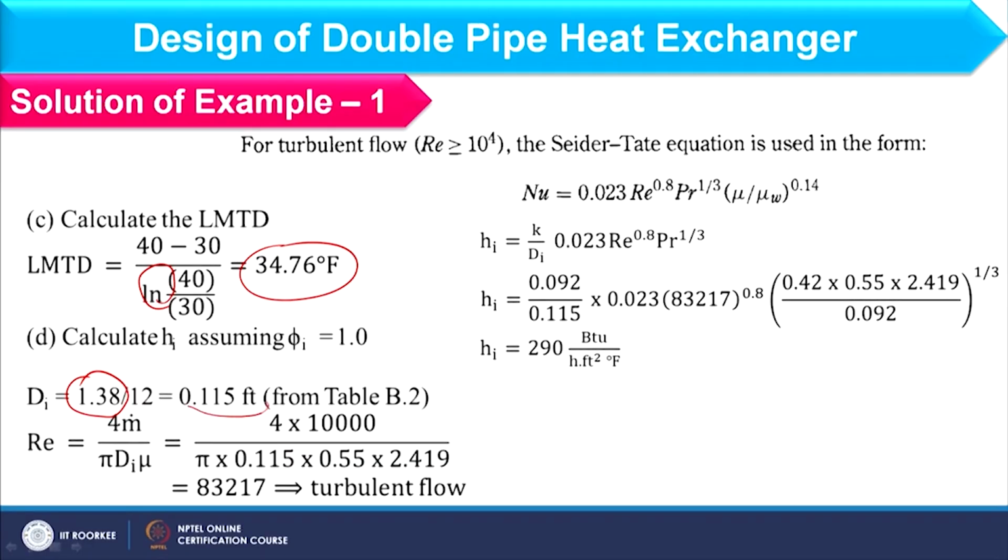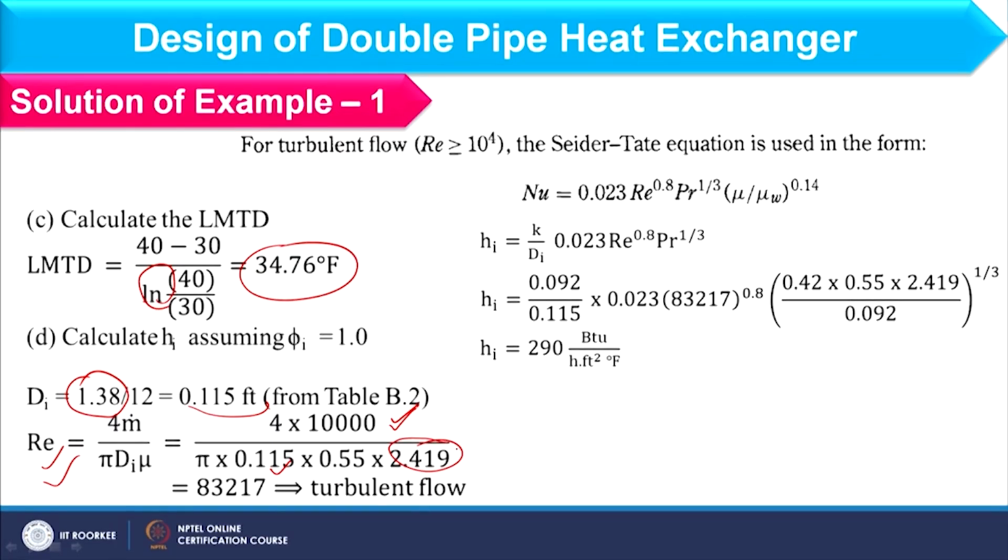So, we can convert that into feet and then we can calculate the Reynolds number, fine. That is corresponding to benzene. The 10,000 pound per hour flow rate of benzene is given. Now, here we have 4 m dot by pi Di mu. Di you have already calculated, and 0.55 is the viscosity of benzene, fine, if you refer to the property table, and 2.419 is basically the conversion, because the viscosity is available in centipoise.